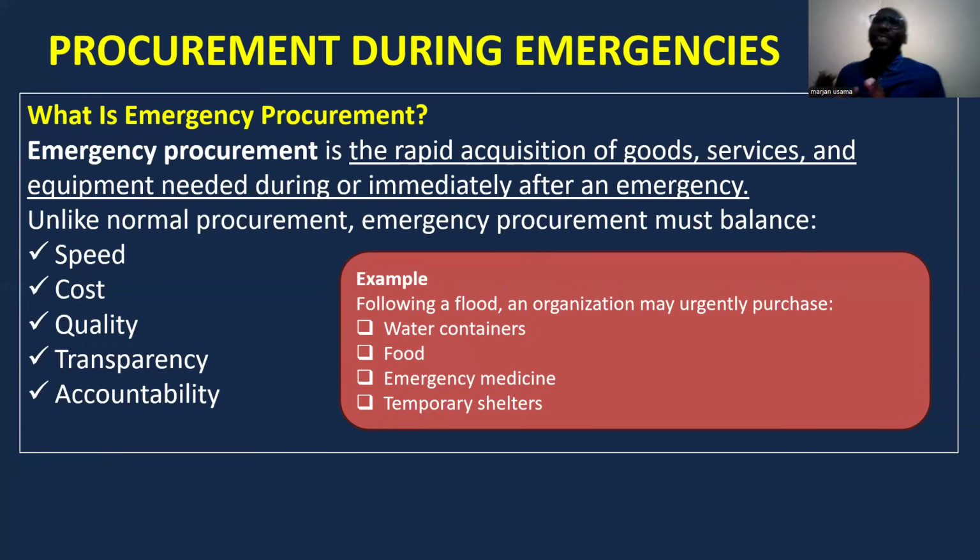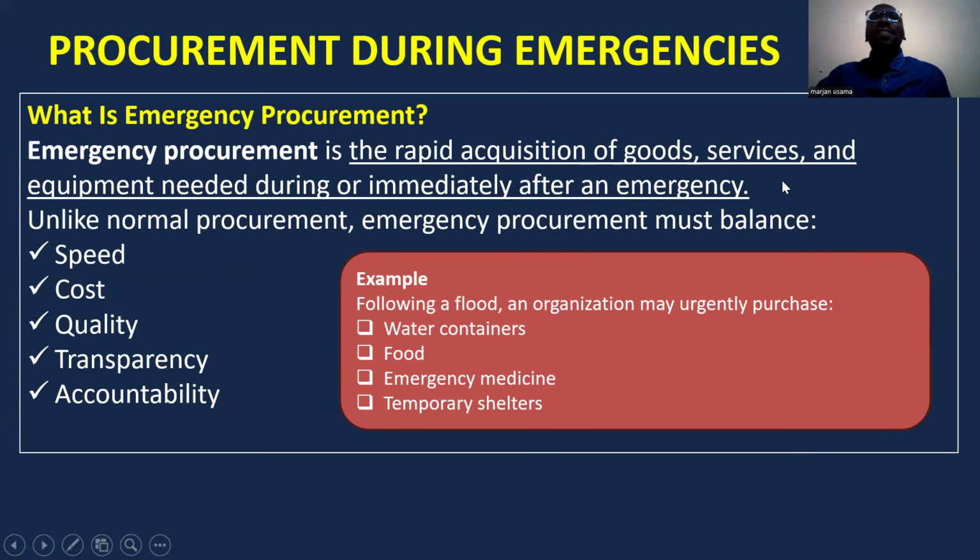So during an emergency, during a disaster, people have been affected. People are going to die. Property is going to be destroyed. There is no time wasting. So everything needs to happen fast, rapidly. So it is the rapid acquisition of goods. We acquire these goods very fast.